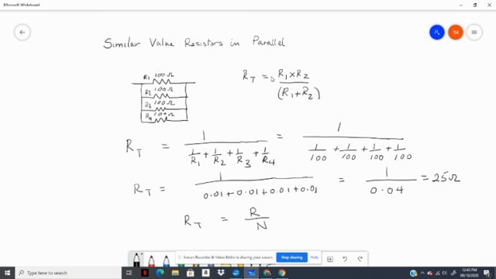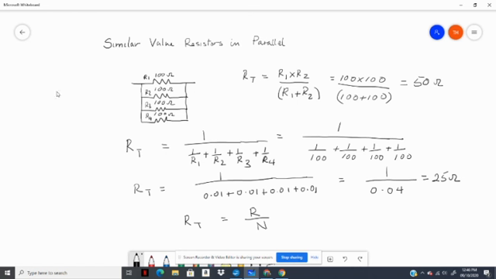So if we have two of these resistors in parallel, we will get 100 multiplied by 100 divided by 100 plus 100. If you do the calculation on that, that will yield 50 ohms. Okay? So R1 and R2 in parallel would give 50 ohms. And then R3 and R4 in parallel would also give 50 ohms.